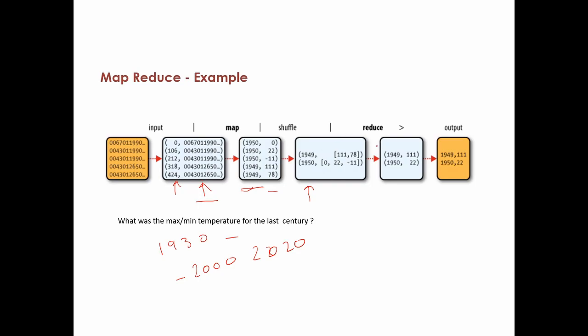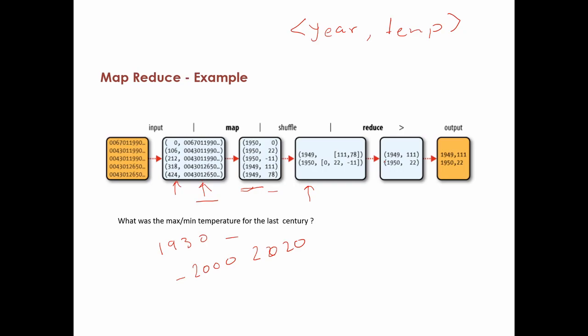So your mapper output is year comma temperature, only if the year is between 1930 and 2000, and your reducer input key will also be of the same format. All the data for the same year will be processed by the same reducer.